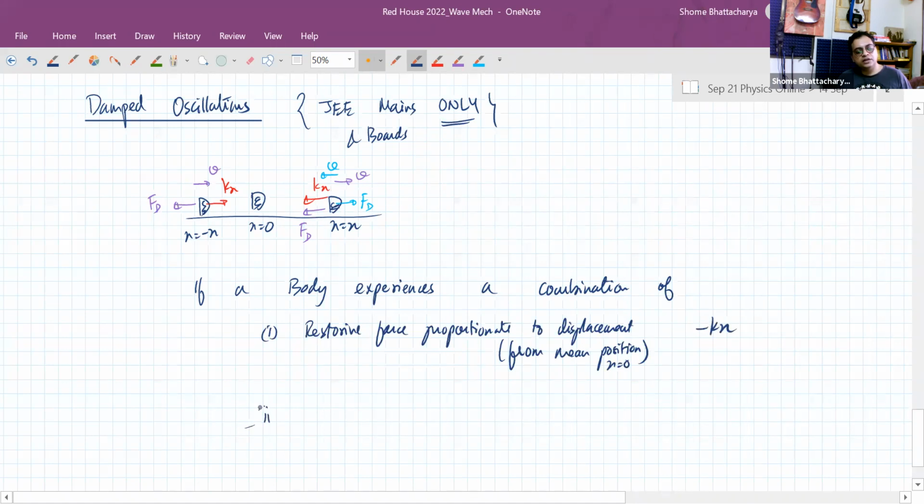And secondly, along with that, it experiences a drag or damping force given by minus cv. So c is a constant and v is the instantaneous velocity.